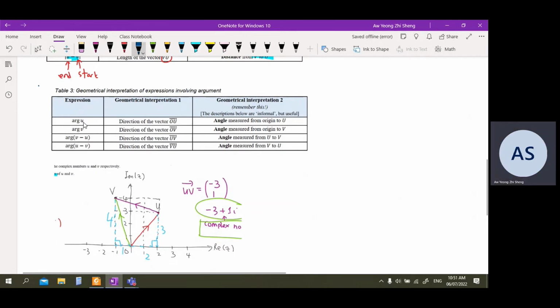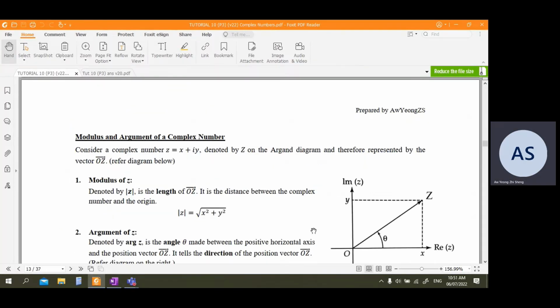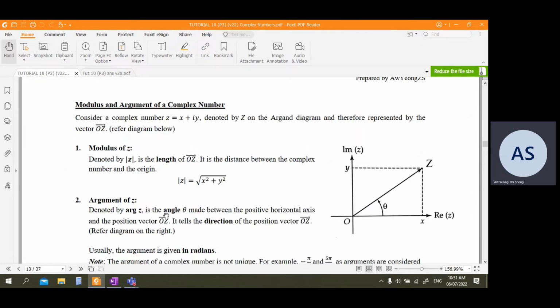Now, argument of u. In page 13, we have learned how to measure the argument from a diagram. The argument is always the angle measured from the positive horizontal axis, or in other words, from the right-hand side direction, towards the slanted vector.